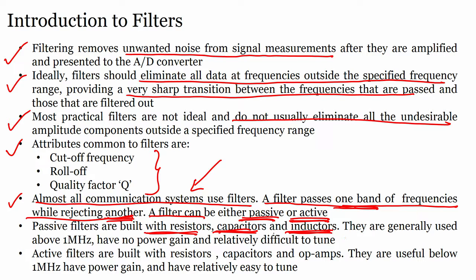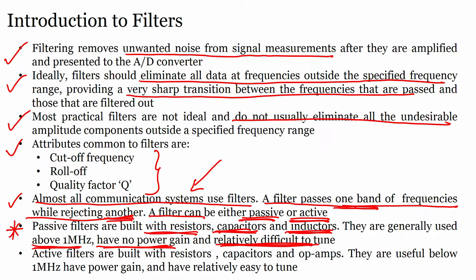They are generally used above 1 megahertz, have no power gain and are relatively difficult to tune. Which ones? We are talking about passive filters. Passive filters are built with resistors, capacitors, inductors. They are generally used above 1 megahertz and have no power gain and are relatively difficult to tune.